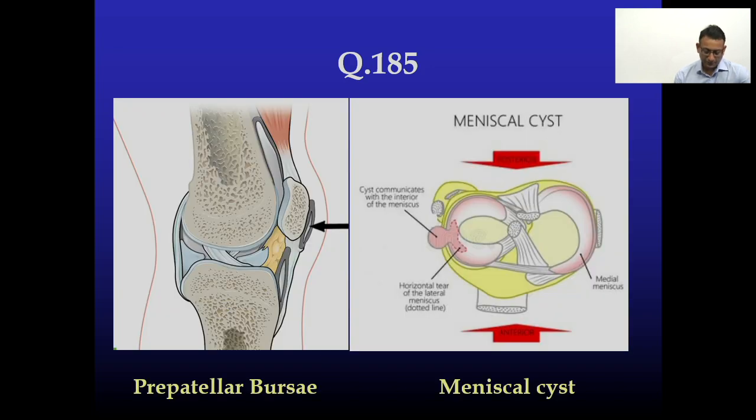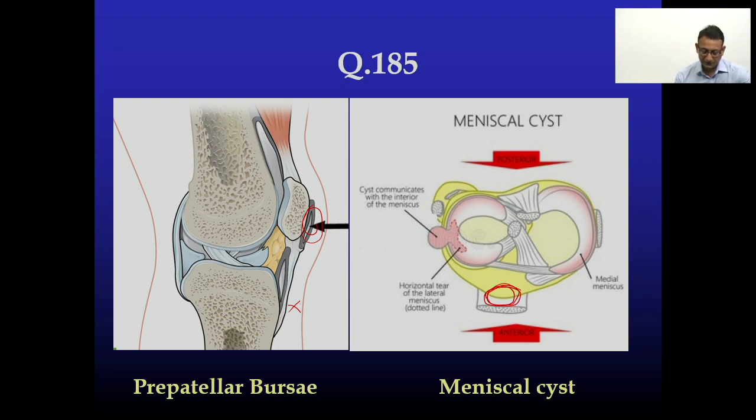Now he is having swelling over the tibial tuberosity. In prepatellar bursitis, you will have swelling over the patella, not over the tibial tuberosity. A meniscal cyst will be in an area where you will see a meniscus, and the tibial tuberosity is anterior, and there is no meniscus in this area, so you won't see any swelling here.